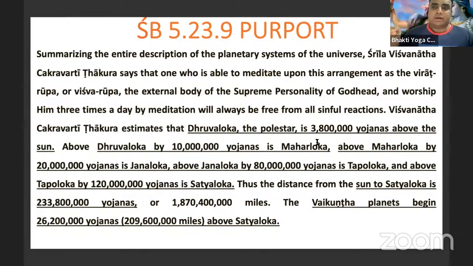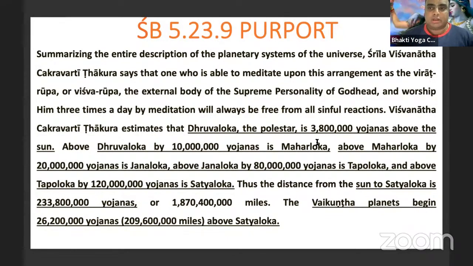That part was about 125 million yojanas. So 125 plus 125, the radius was 250 million yojanas, and the horizontal diameter is about 500 million yojanas.